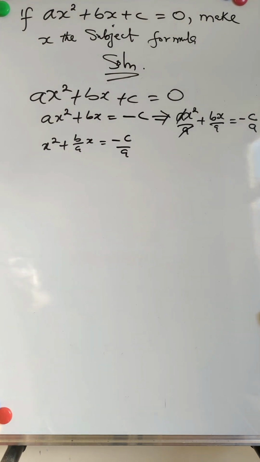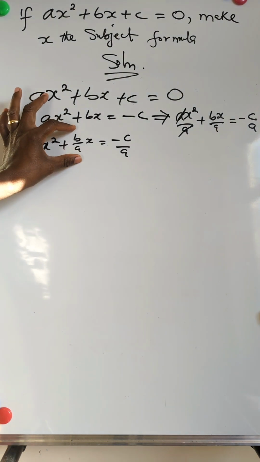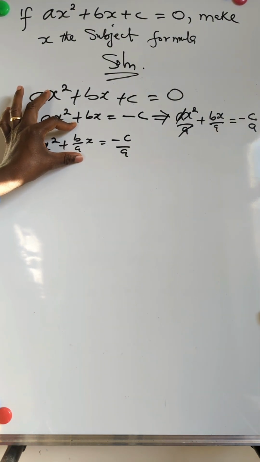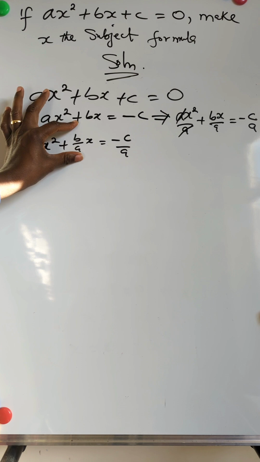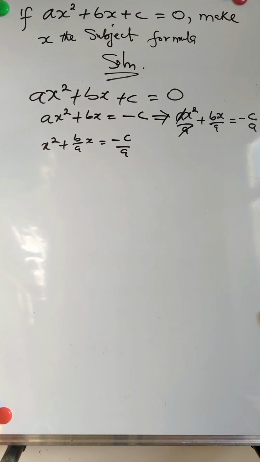Now the third step: multiply the coefficient of x by half, square the result, and add to both sides of the equation. The coefficient of x, which is b over a, multiply it by half, square the result, and add it to both sides of the equation.